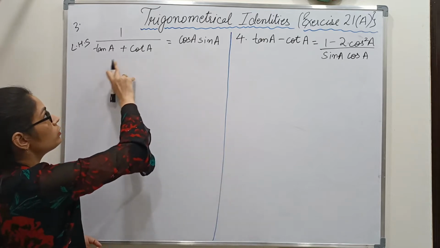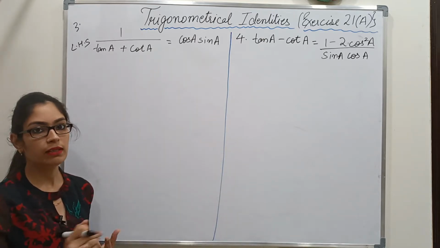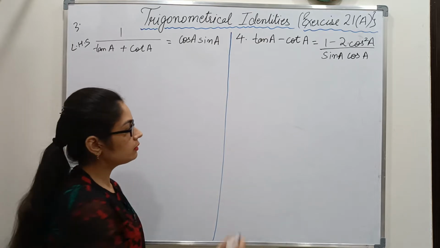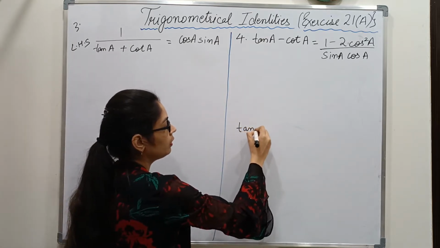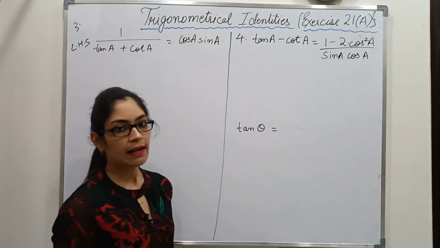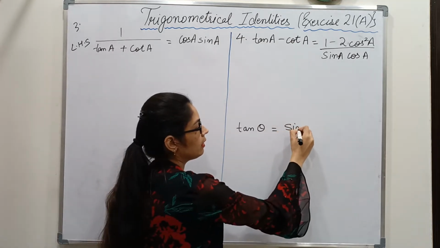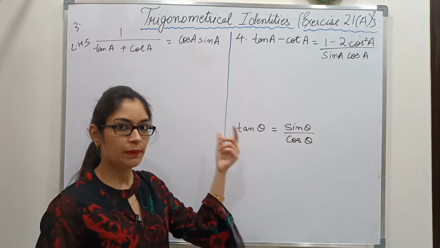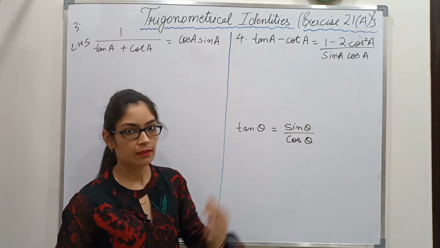So here we have to change to sine and cos, and when I was discussing about trigonometric reciprocal relations, that time itself I told you tan theta we can write it as sine theta by cos theta. This is tan's expression in terms of sine and cos.